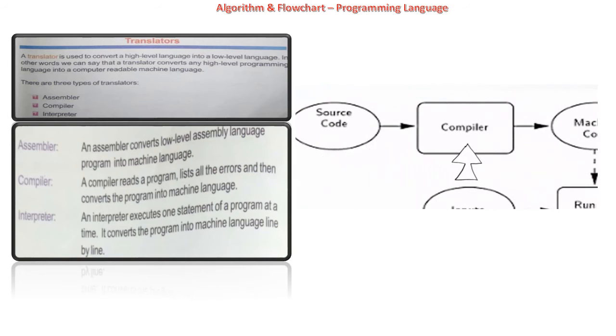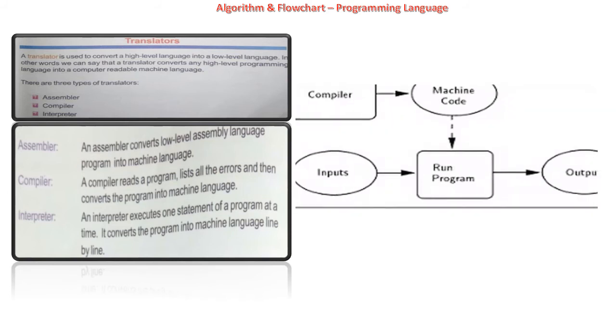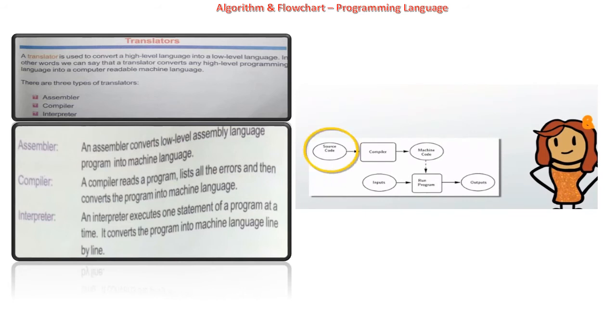Translator converts the high-level language like C++, Java into low-level language, that is machine language and assembly language, which is understood by computer.